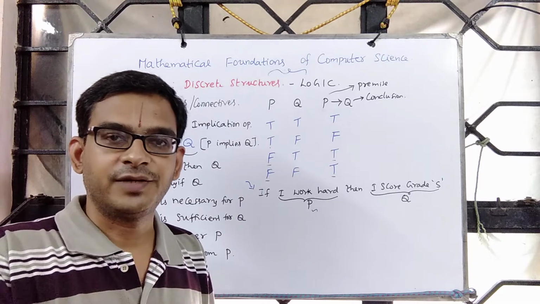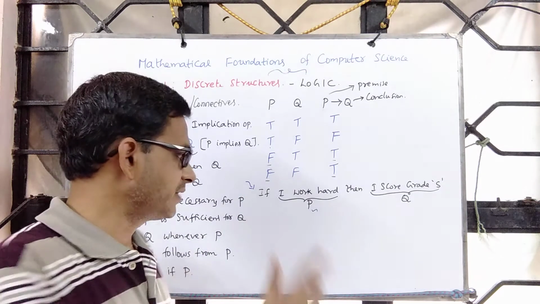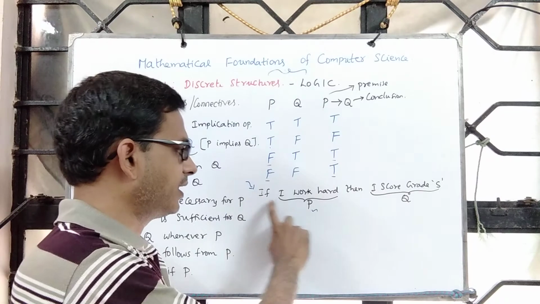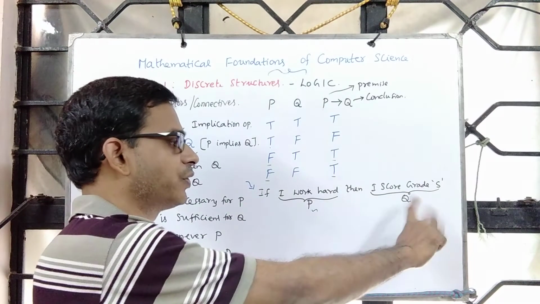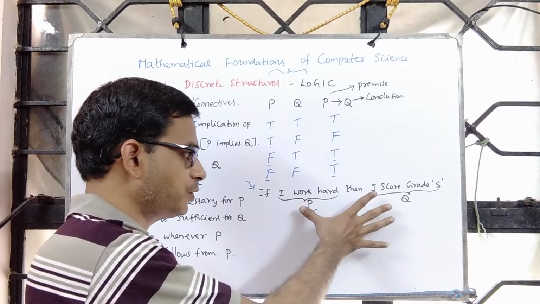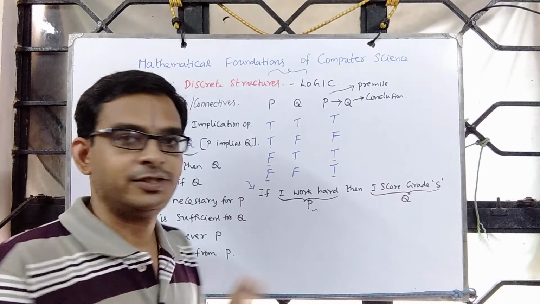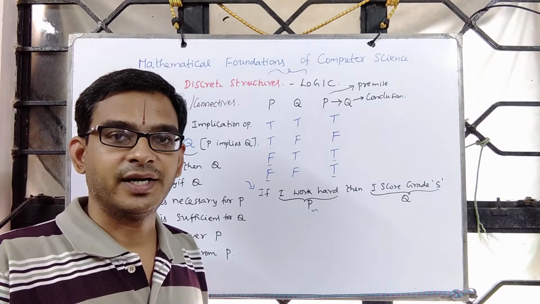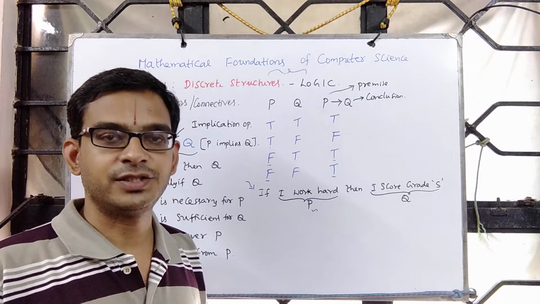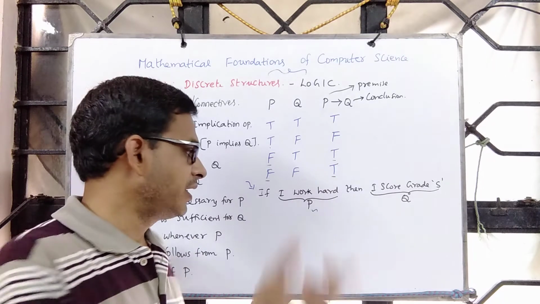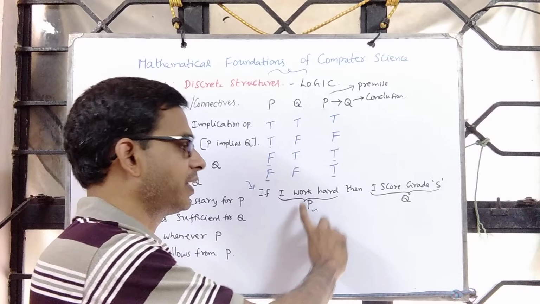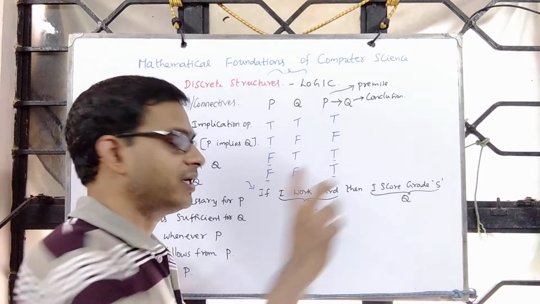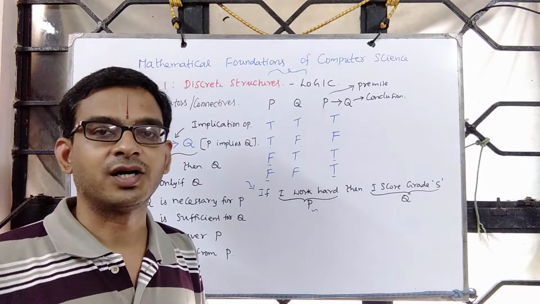Independent of our discussion, the statement is still true, because the professor has made this statement that if you work hard, then you score grade S. So the truth value of this statement is true. You can only invoke, comment on or change the truth value when the premise is true, depending upon whether the conclusion is happening or not.